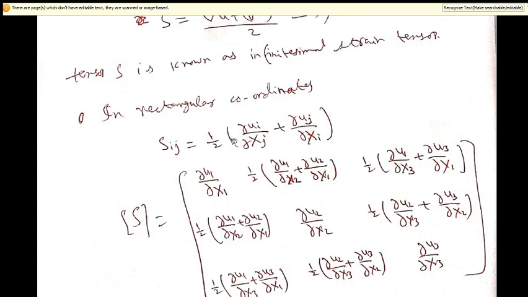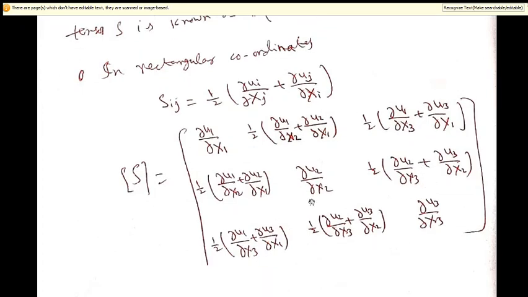S23 is 1 by 2 of partial u2 partial x3 plus partial u3 partial x2. So this is S31. Due to symmetry S13 will be S31, and due to symmetry S23 will be S32, and this is S33.